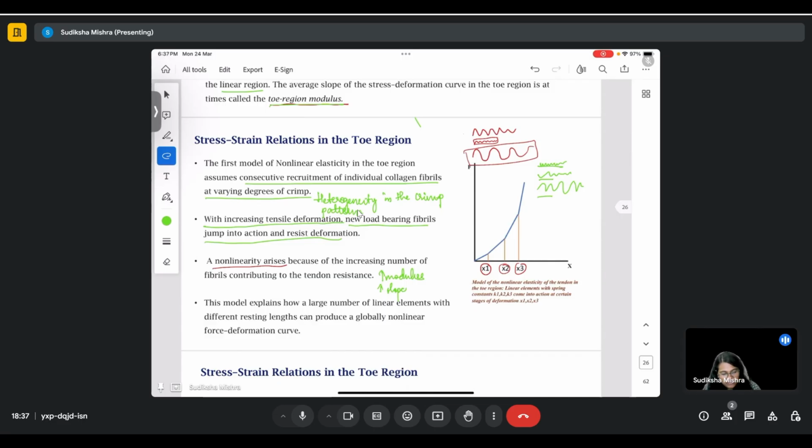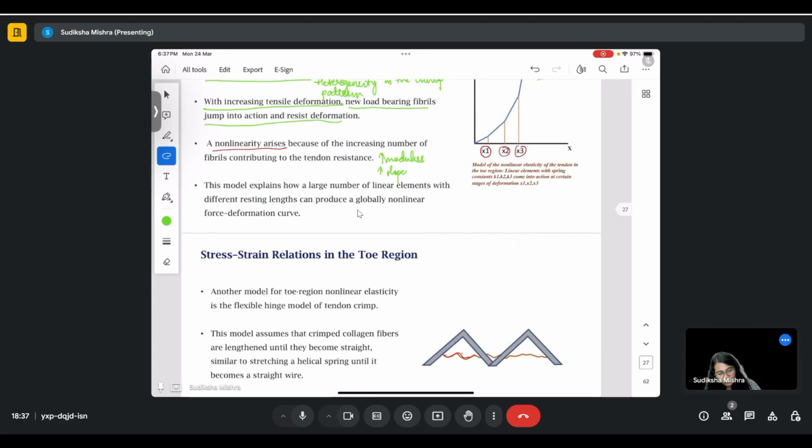This model therefore explains how a large number of linear elements of different resting lengths can produce a nonlinear force deformation curve. In this graph, the assumption is that there are three different springs in three different stages of deformation, and depending on that, they have different contributions to the stress strain relation.